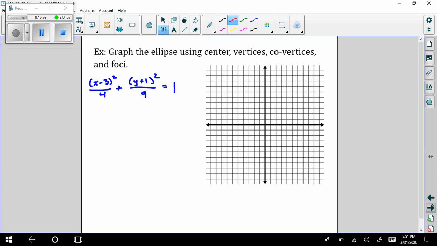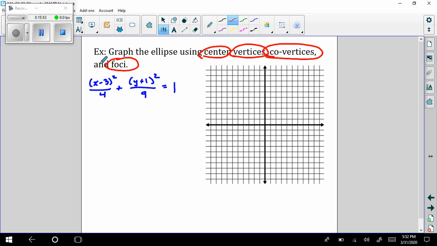Okay, so now the fun begins. We're going to graph this ellipse using the center, vertices, co-vertices, and the foci. I'm going to forewarn you, we have a lot of calculations we're going to go through on this problem.